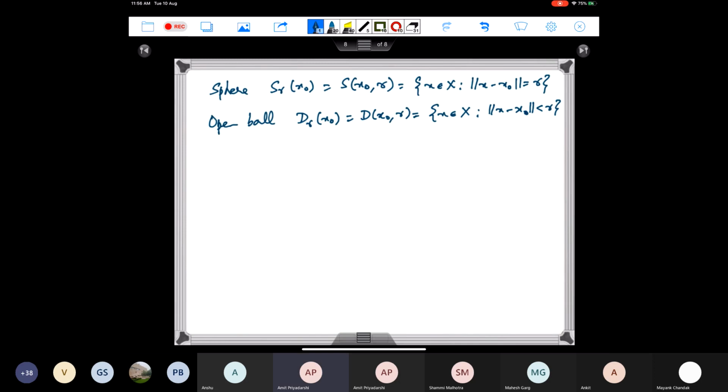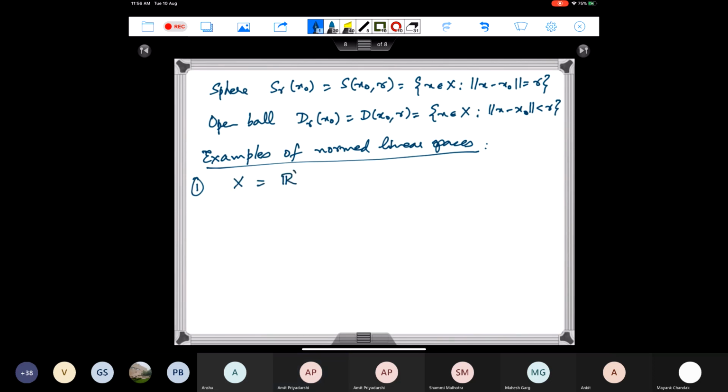Let me now just give a few examples, and we'll continue these examples in the next class also. So, examples of normed spaces. The first example is we take X equal to R^n or C^n.